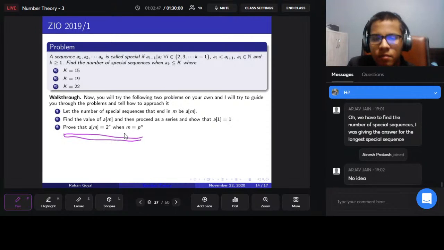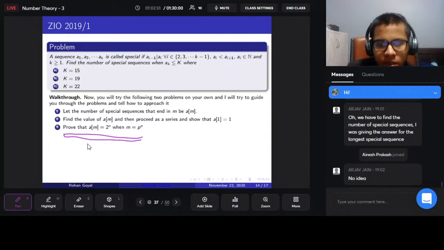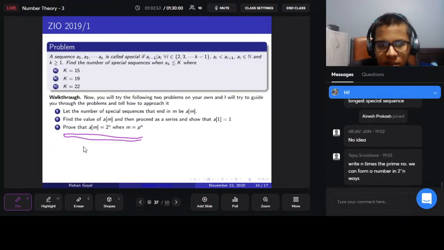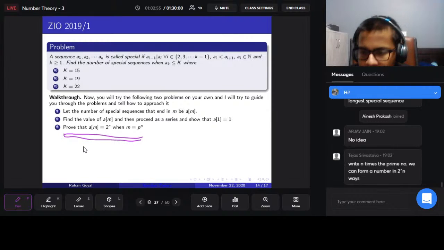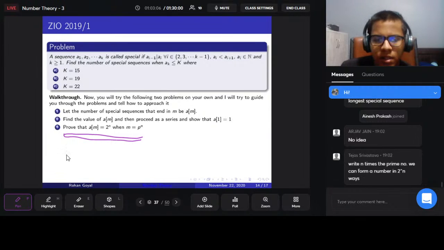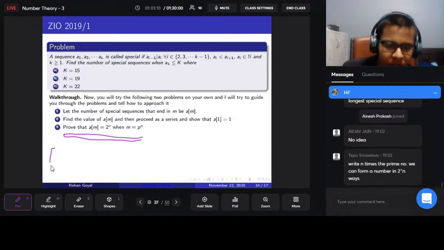Say the set is 1, and all the factors of m are in this set, right?